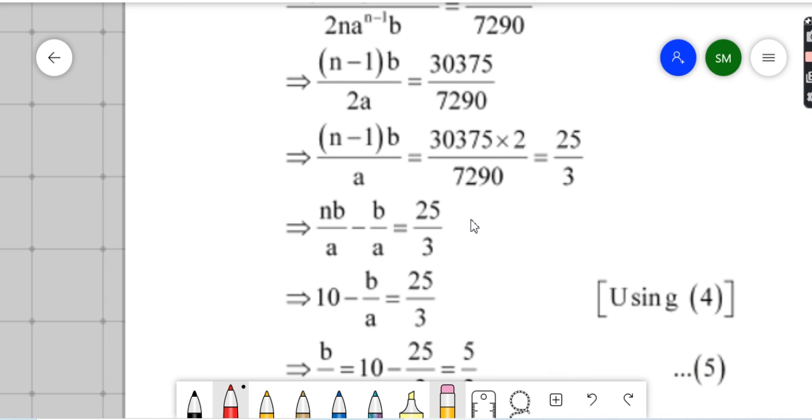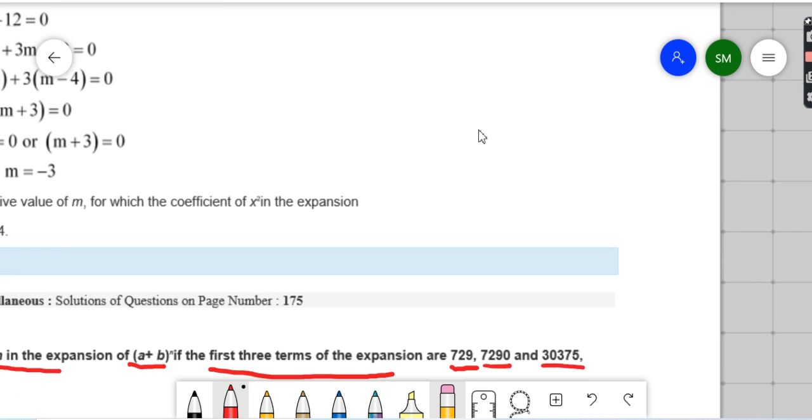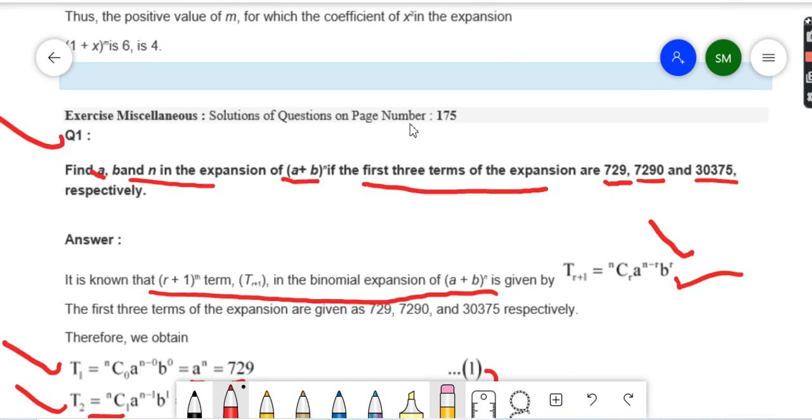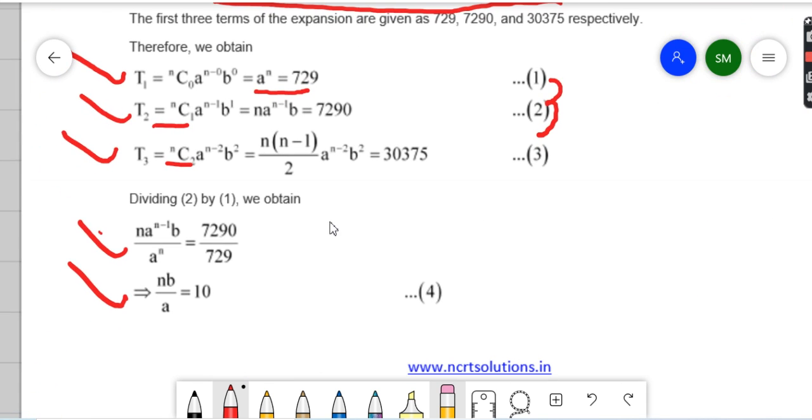When you simplify, you will get (N−1)B upon 2A, that is NB upon A minus B by A. And this NB upon A is equal to 10, which we already used in equation number 4. So I am using this in the next equation.